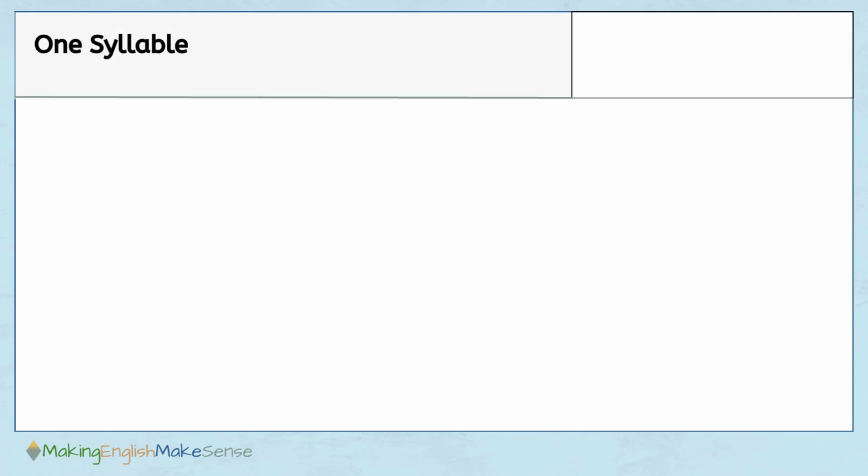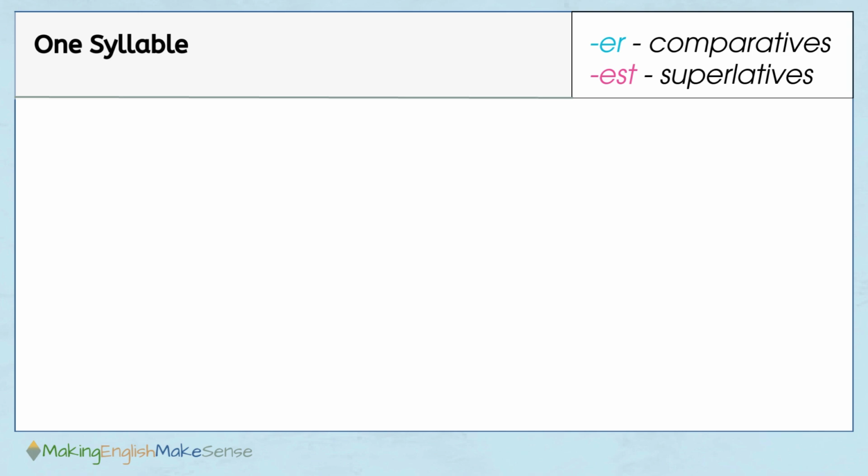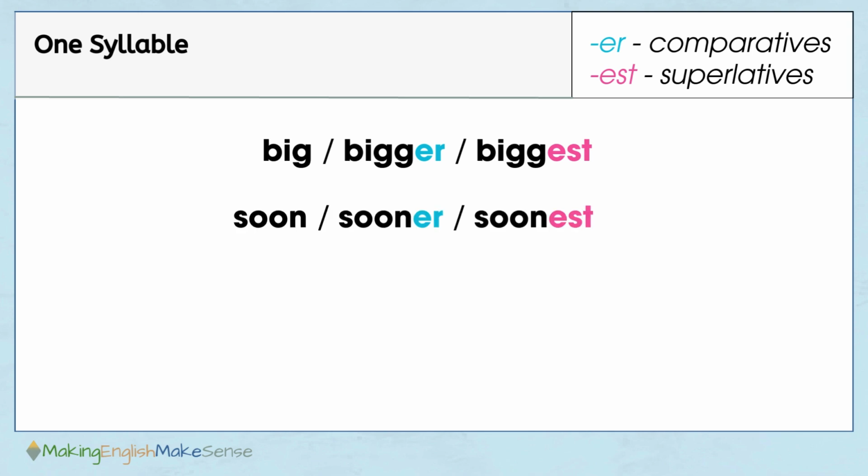For one-syllable adjectives, we always add -er to comparatives and -est to superlatives. For example, big, bigger, biggest; soon, sooner, soonest; cold, colder, coldest.